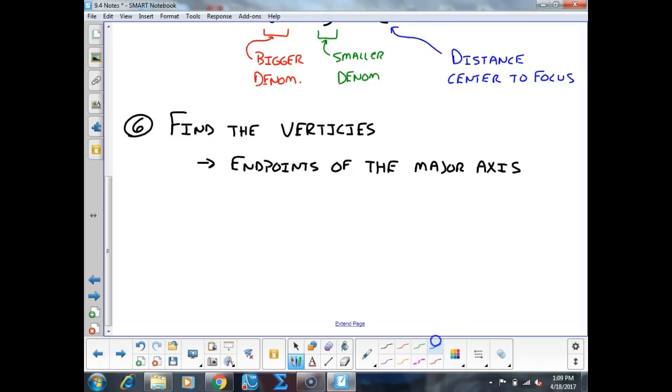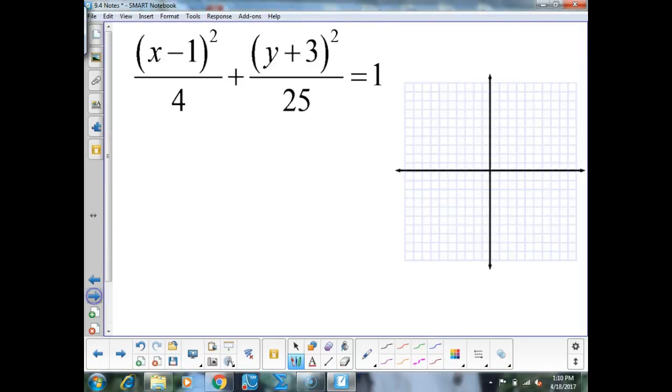Is this the graph? This would be the graph now, yes. Probably not going to be enough time. So, first thing that we do is find the center.